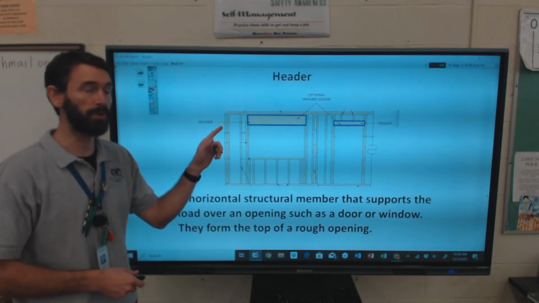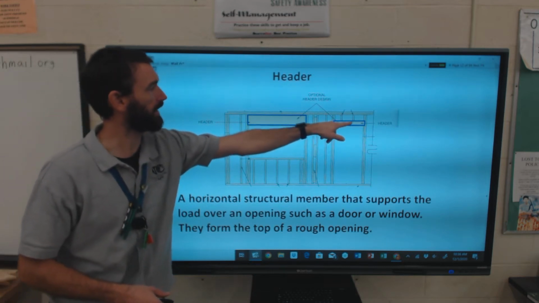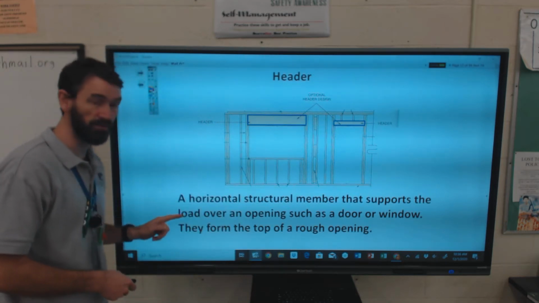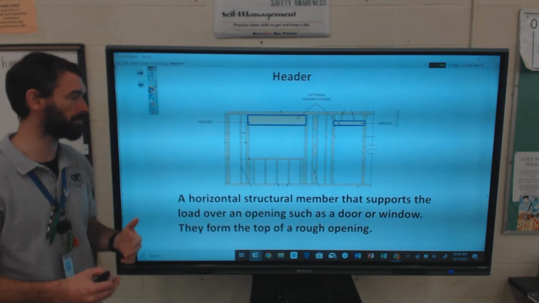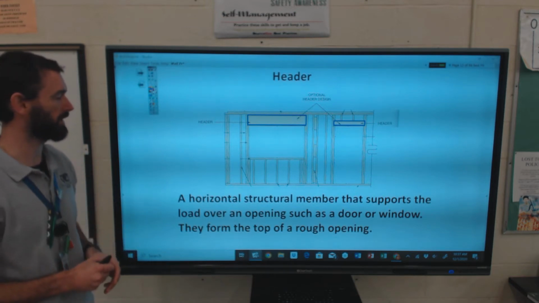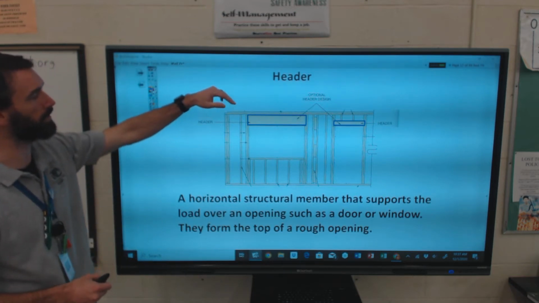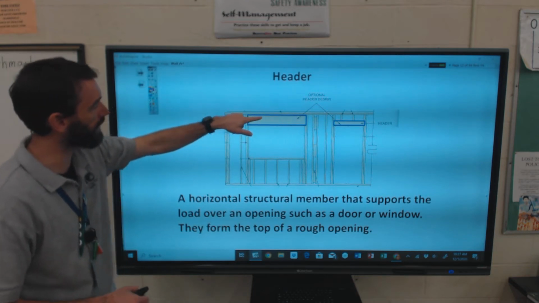First part of your rough opening will be your header, outlined in blue here and here. Definition, copy this down: it's a horizontal structural member that supports the load over openings such as a door or window. So you can see it's a large structural framing member here.